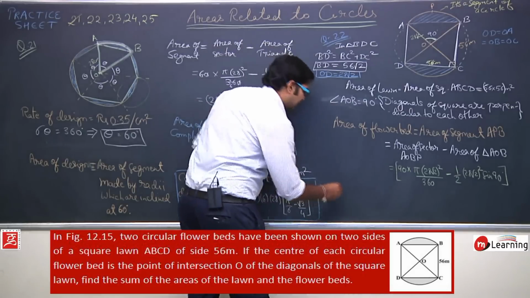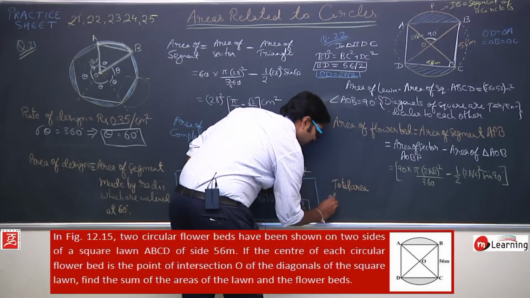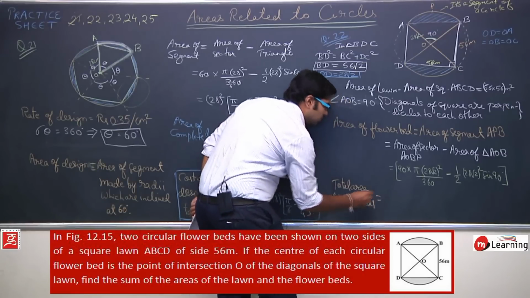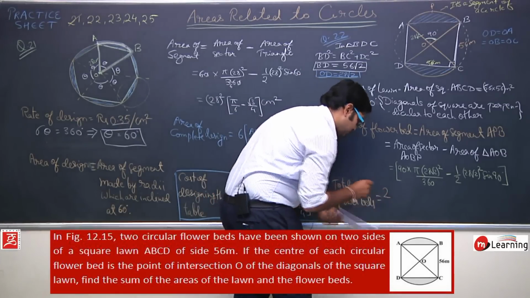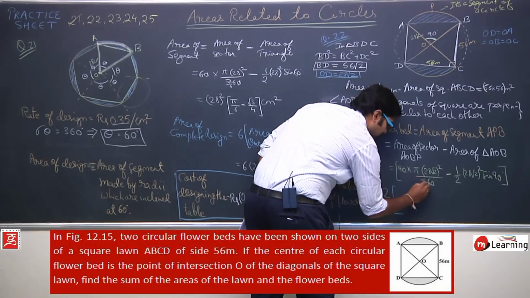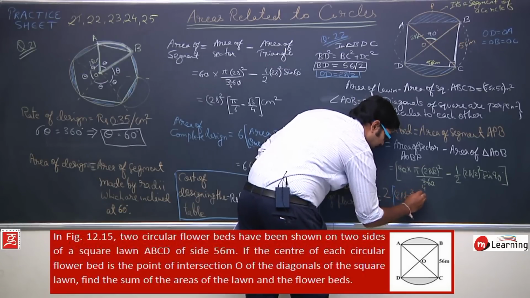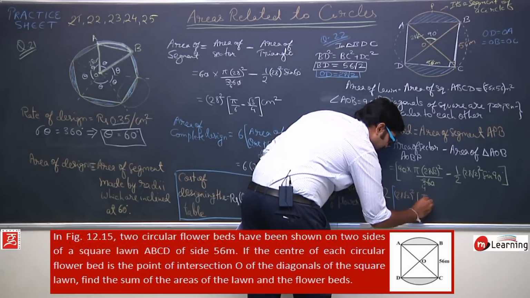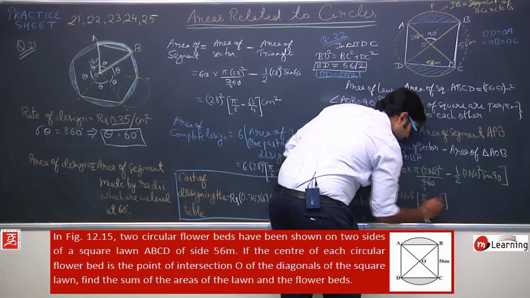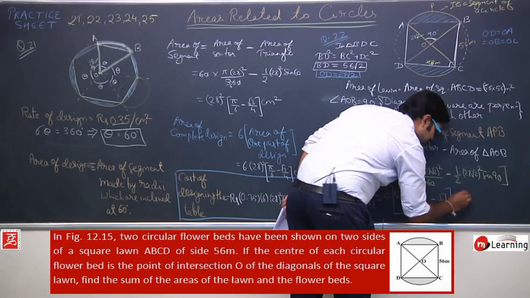So total area of flower beds is equal to 2 times, in brackets, 28 root 2 squared, in brackets pi by 4 minus, this will be 1, so this is 1 upon 2, and the bracket closes, and this will be in meter square.